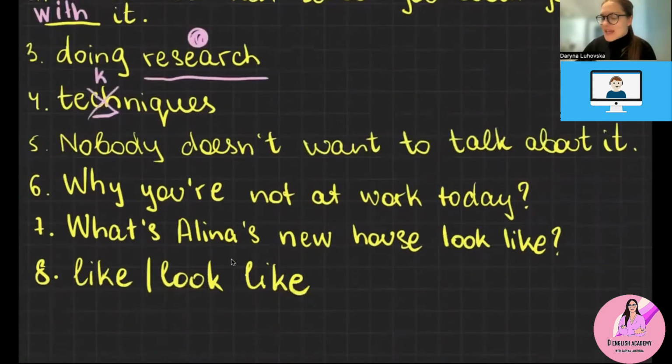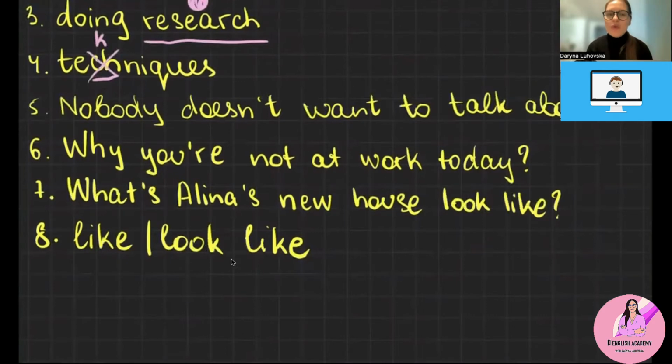Okay. Take a look at number 5. What do you think is wrong with it? Nobody doesn't want to talk about it. Yeah, number 5. What is wrong with it? Something that is not allowed in English.